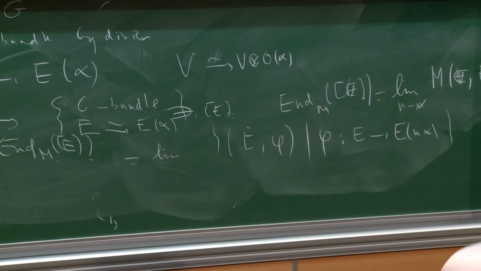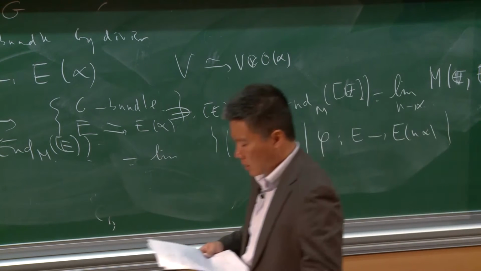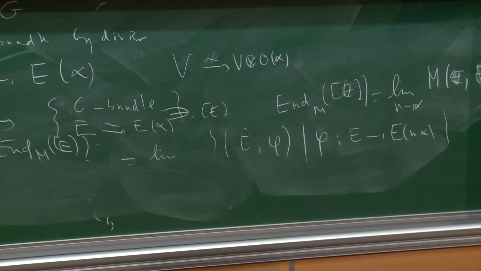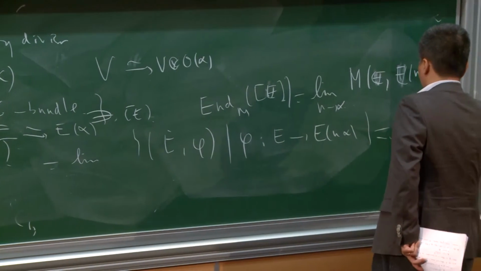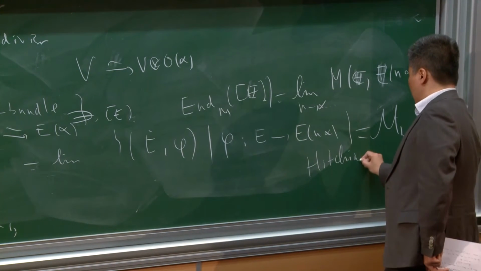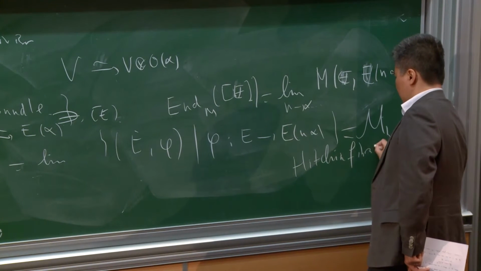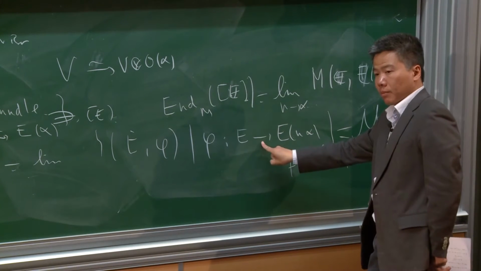So this looks exactly like the Hitchin fibration, and you can define it. So phi, is it an honest map or is it a map of, is it an M map? This is an M map.